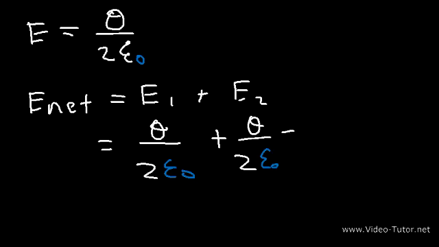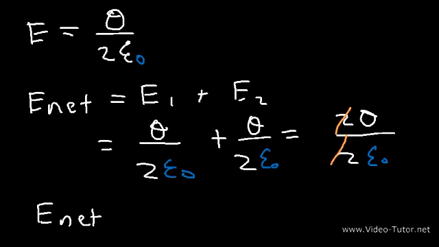Sigma plus sigma is basically 2 sigma. And so we can cancel the 2. 2 divided by 2 is 1. And so the net electric field in between two infinite sheets of charge is simply the charge per unit area divided by epsilon sub naught.